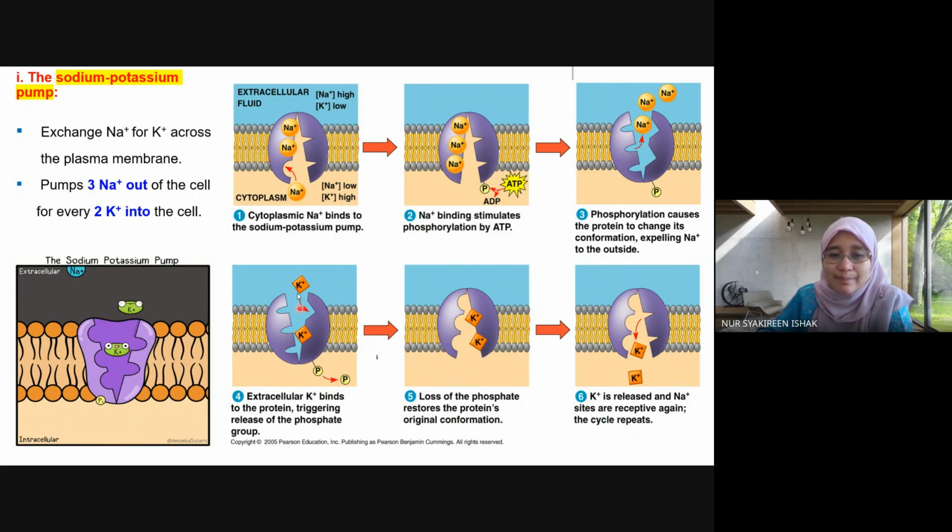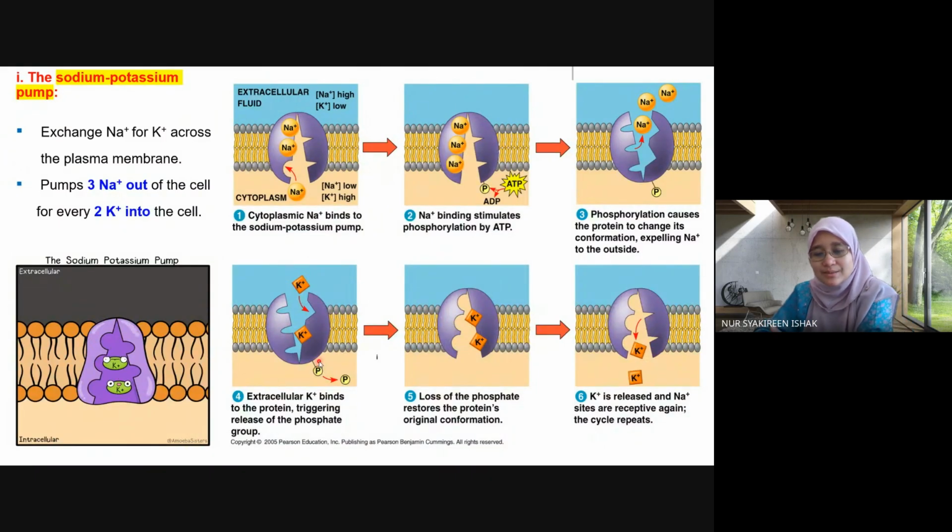As the potassium ion binds, it causes this phosphate to be released. The release of this phosphate causes the sodium potassium pump to change back to its original shape. Or you can write here original shape or conformation, slash shape, easy. Just use shape.